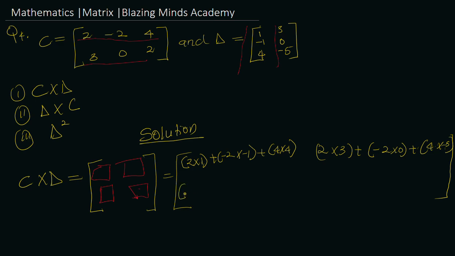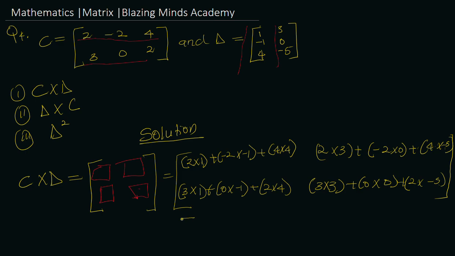So the second row is going to be 3 times 1 plus 0 times minus 1 plus 2 times 4. And I close the bracket. Then I'll be having 3 times 3 plus 0 times 0 plus 2 times minus 5. You can see that now.